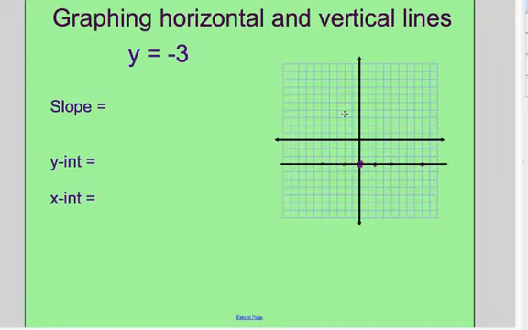So for example, if I look at these 2 points right here, between this point and this point, my rise is going to be 0. It doesn't go up at all. It stays flat. So my rise is 0 and my run is 3.